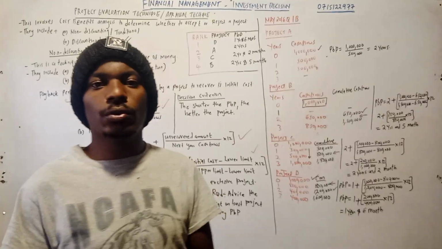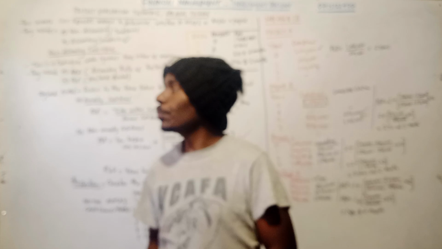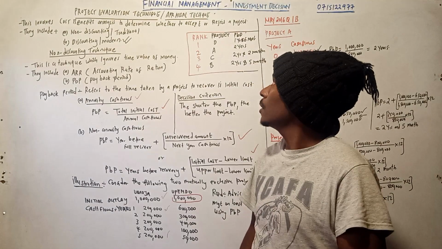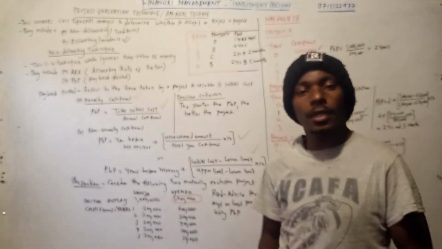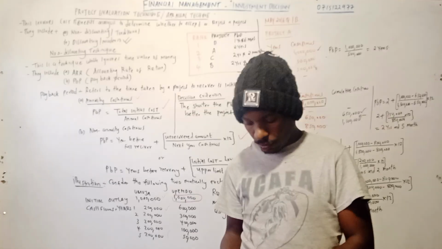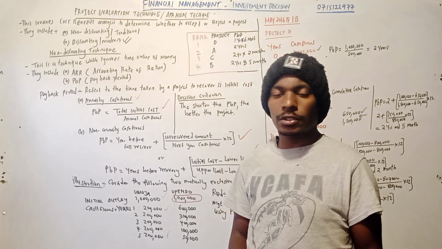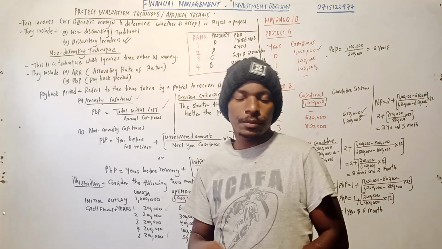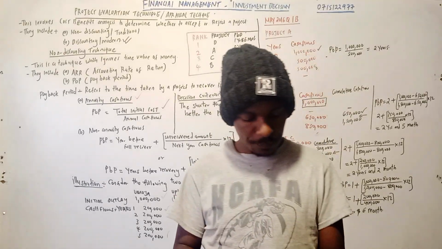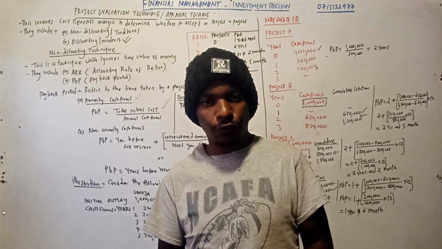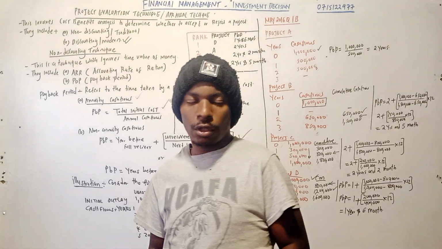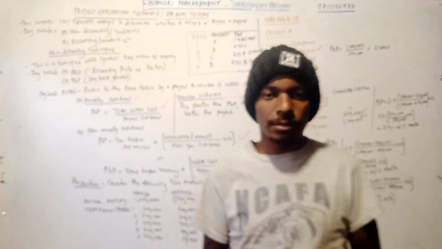I want us to continue with our topic. The topic is investment decision, or what we call the capital budgeting decision. This is lesson three of this topic, and I hope we shall finish lesson three with the required items inside.